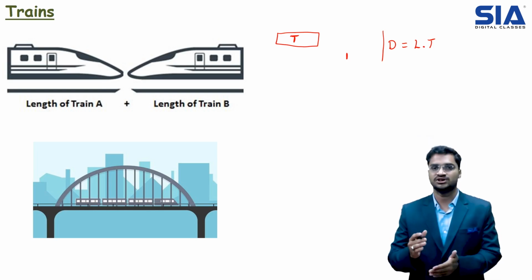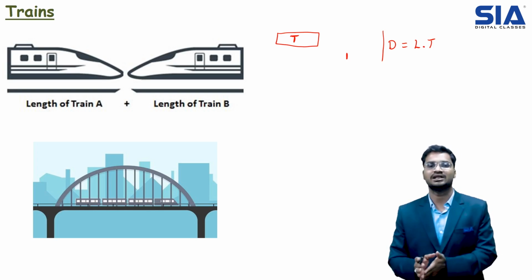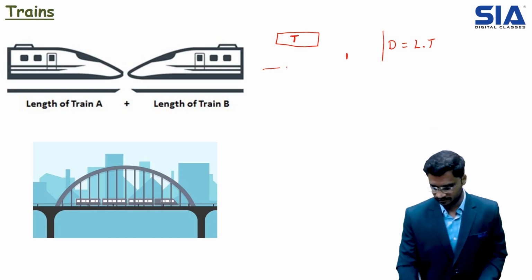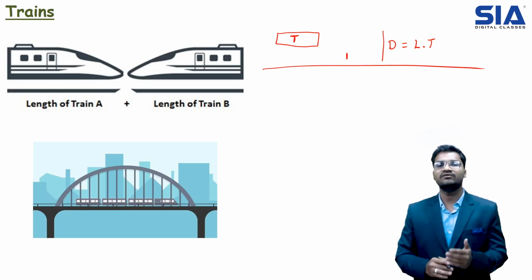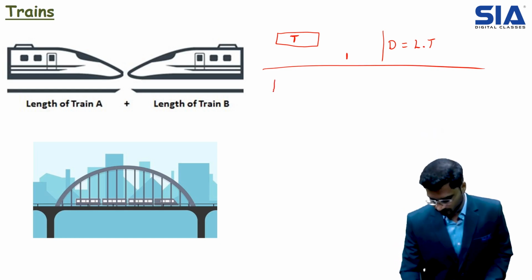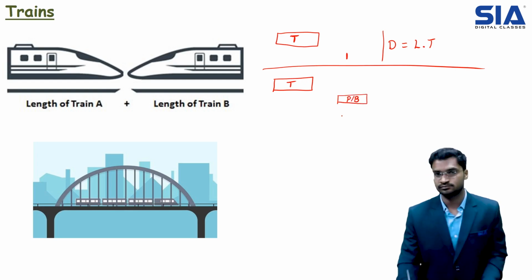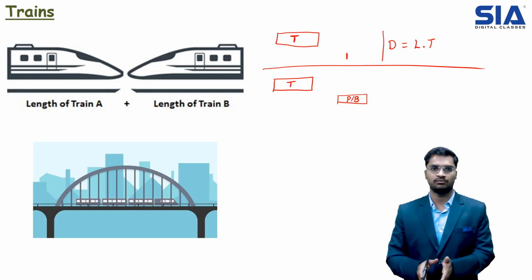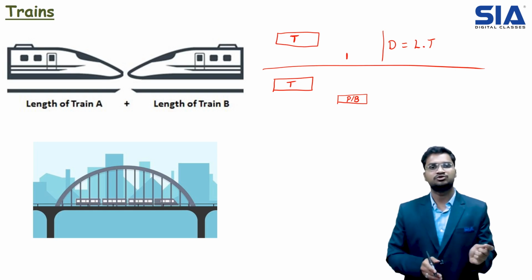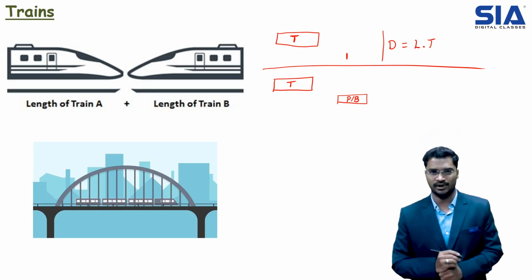Whenever a train is crossing a pole or flag post or a man, the distance is nothing but the length of the train. Then our next scenario is whenever a train is crossing a platform or a bridge. To cross this particular platform, the train should first cover the distance of itself, and then it should cover the distance of the bridge or platform.